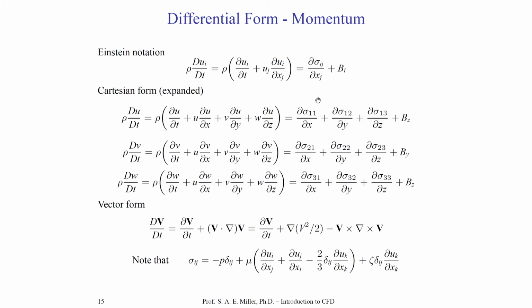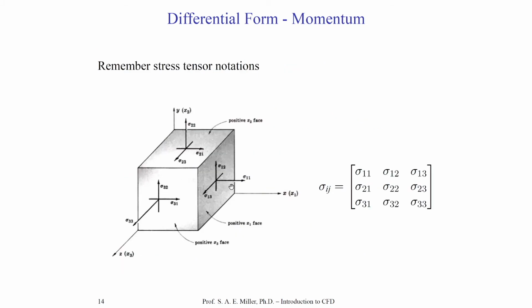This will be balanced by the right-hand side terms, which contain the effect of the internal stress from pressure and the shear stresses of viscosity, for instance. We'll have partial sigma 1,1 partial x plus partial sigma 1,2 partial y plus partial sigma 1,3 partial z plus the body forces. Look at how those are related to the fluid element itself and, of course, the stress tensor.